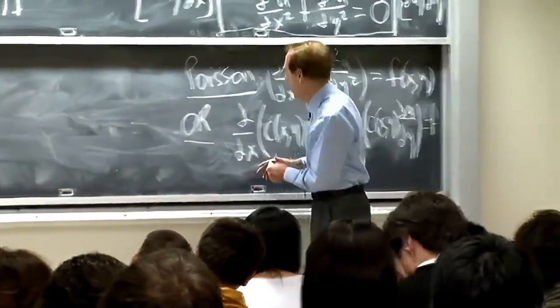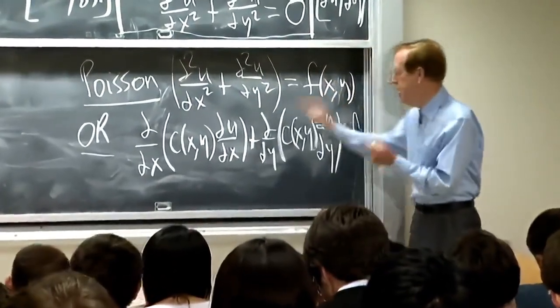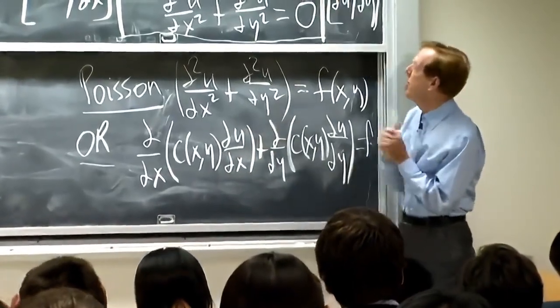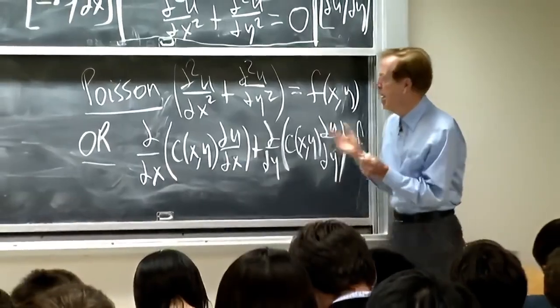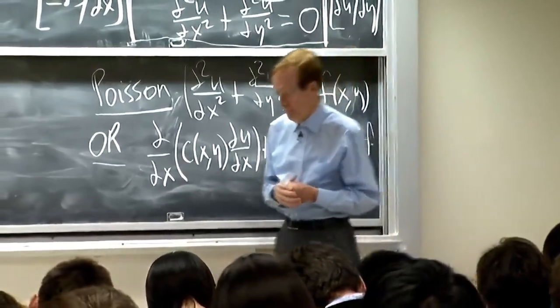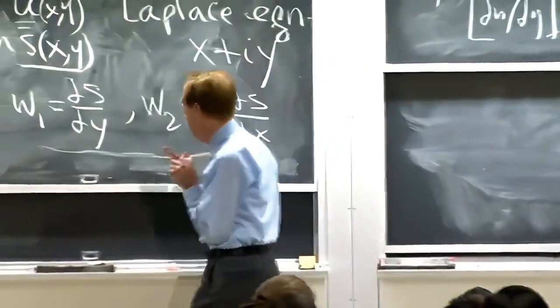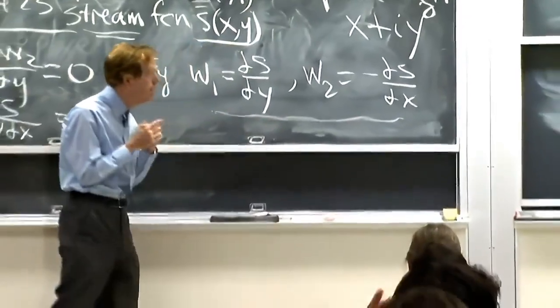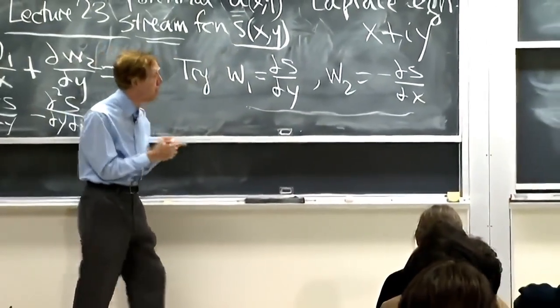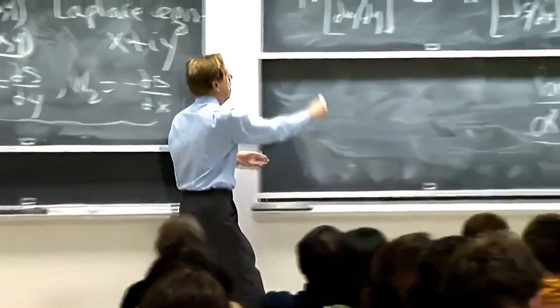So let me take f to be 0, c to be 1, get back up to Laplace's equation, and begin to make connections. The beautiful connection is the one right here.